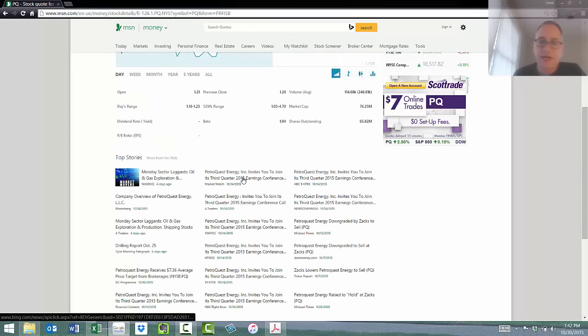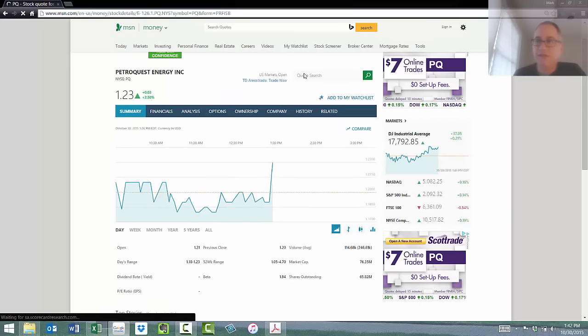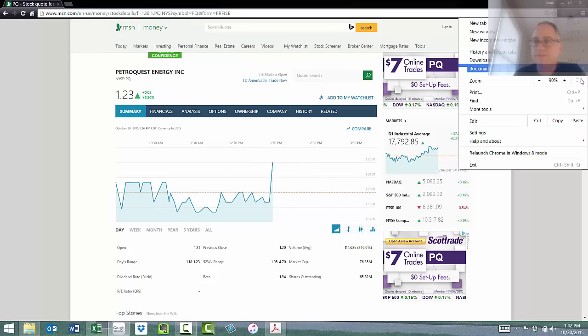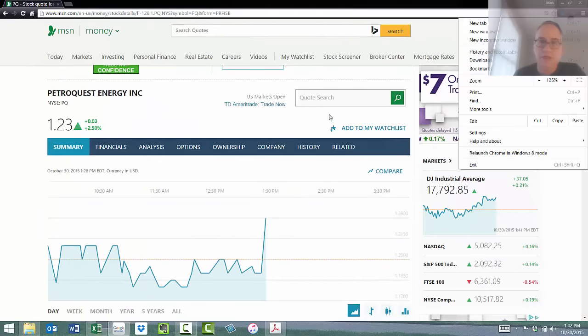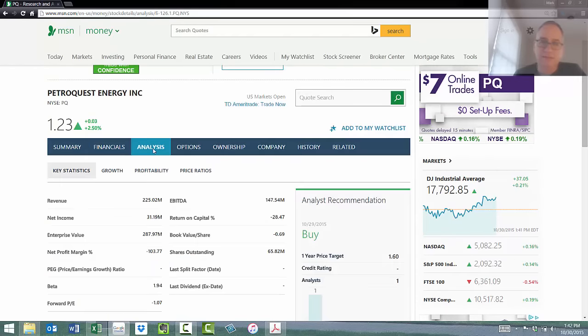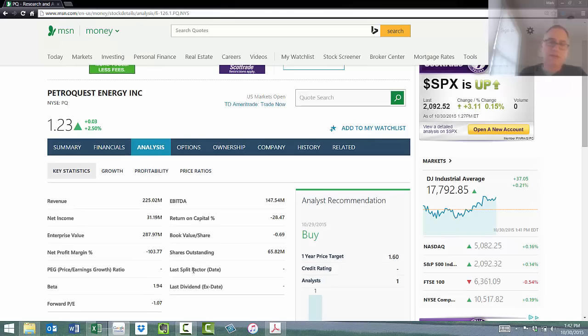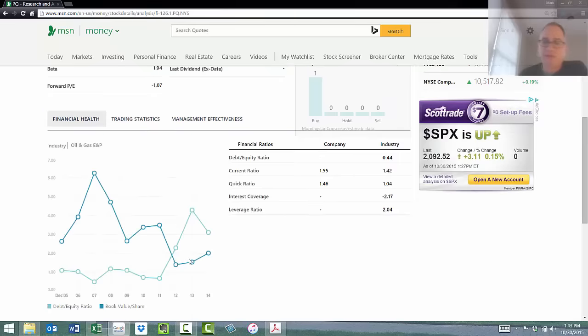Now to get at the industry average ratios, let me make this a little larger. You click on analysis, and here are the company's ratios. Now some of these, like net profit margin, by the way, is the same as return on sales. Some of these may be different from the ones you calculated because the company may use different formulas than yours.